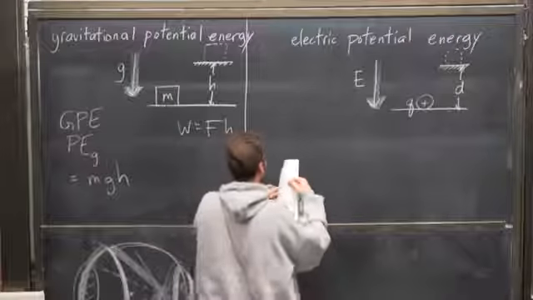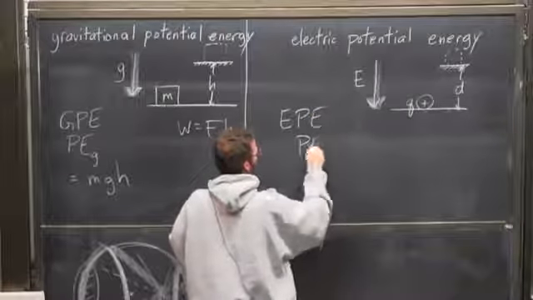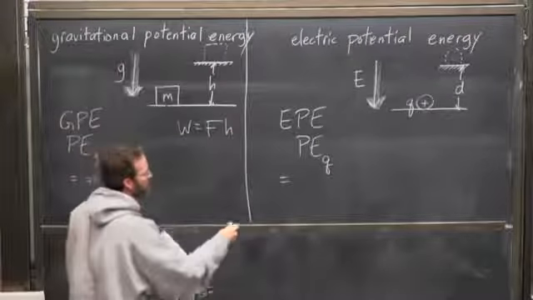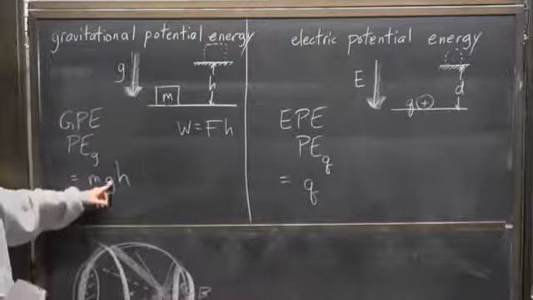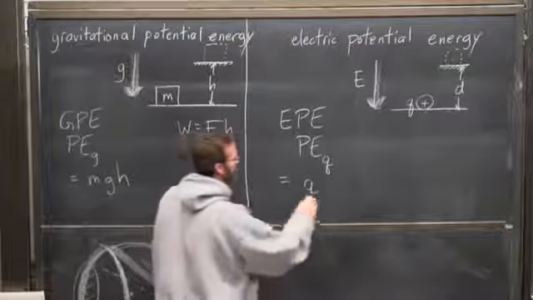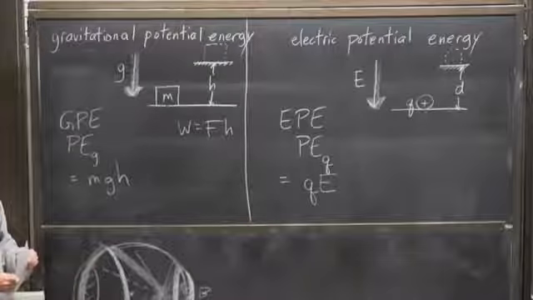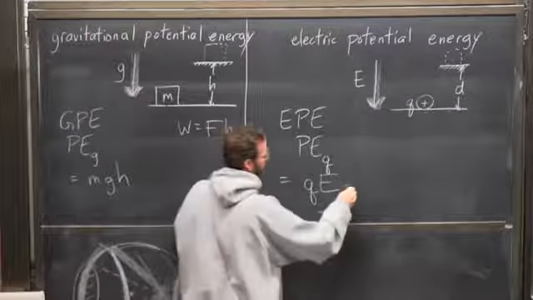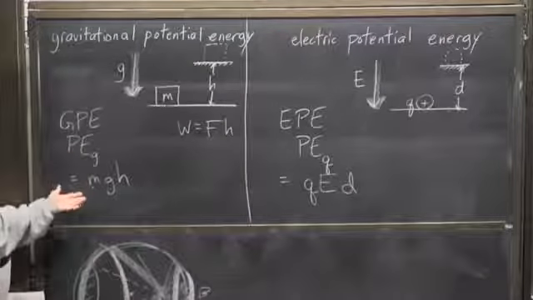This one, electric potential energy, or potential energy of a charge, we're dealing not with a mass, but a charge. This one's in a gravitational field trying to accelerate it. This one's in an electric field trying to accelerate it. And over a certain distance. There it is. So you can see the similarities.